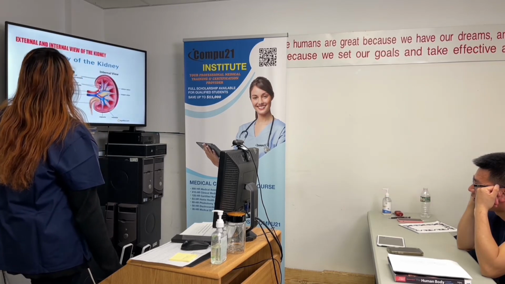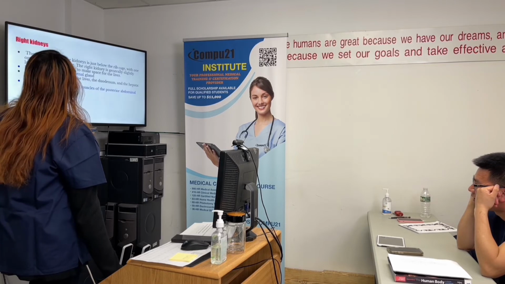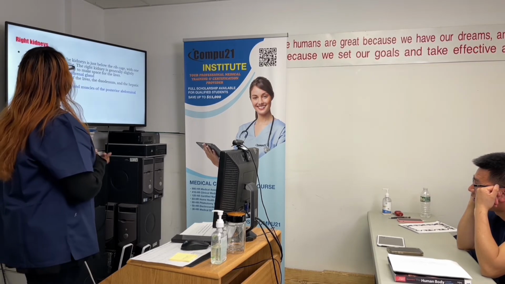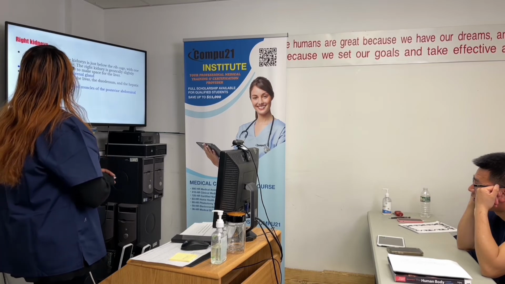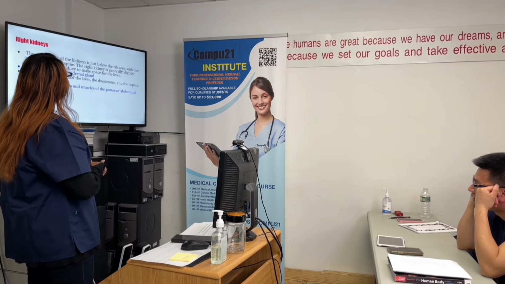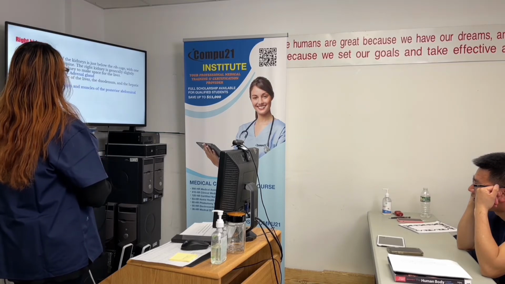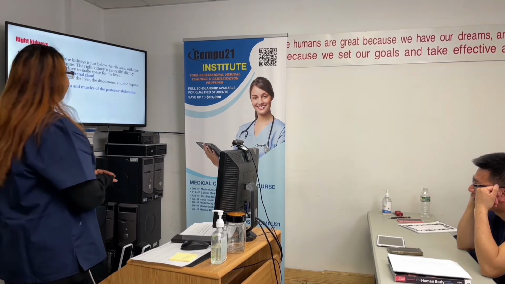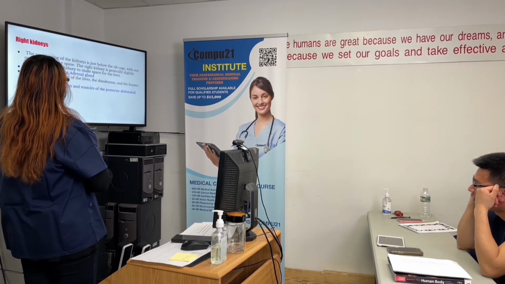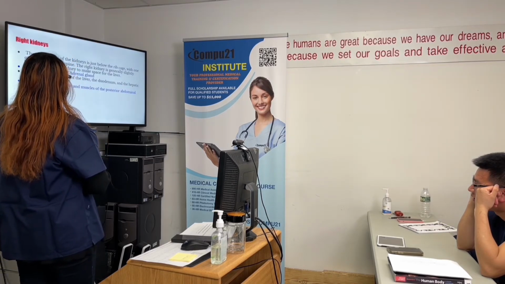The position of the right kidney is just below the rib cage, with one on each side of the spine. The right kidney is generally slightly lower than the left kidney to make space for the liver. Superiorly is the right adrenal gland.